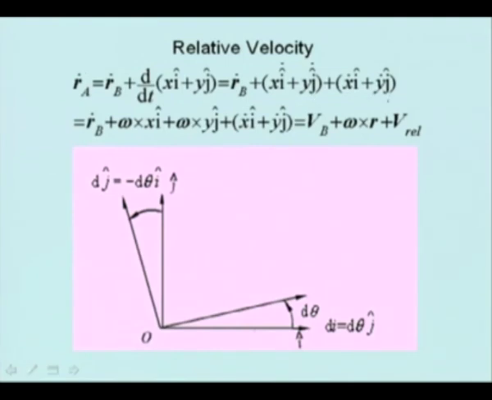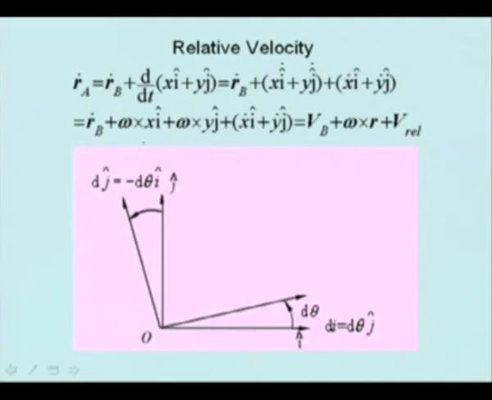In this case, i dot is not equal to 0. Instead, i dot is given by omega cross i. So, we get r dot B plus omega cross xi plus omega cross yj plus x dot i plus y dot j.